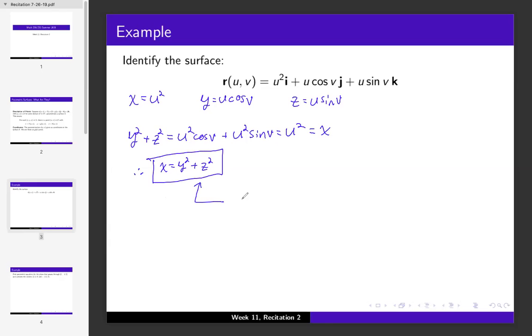And we know what that is. That is an elliptic paraboloid that's centered along the x-axis.